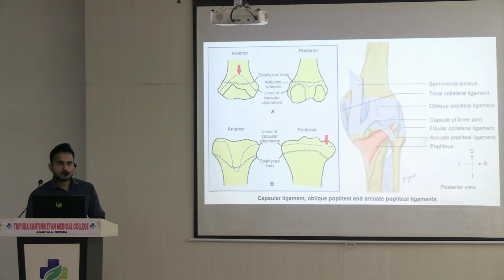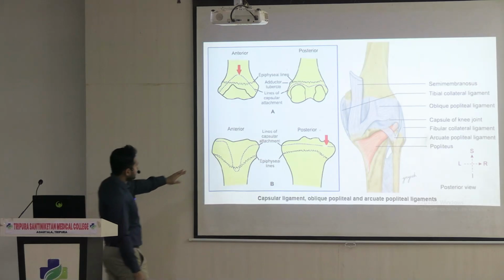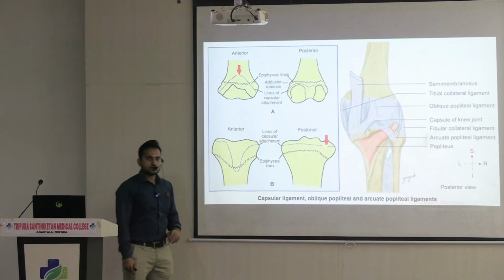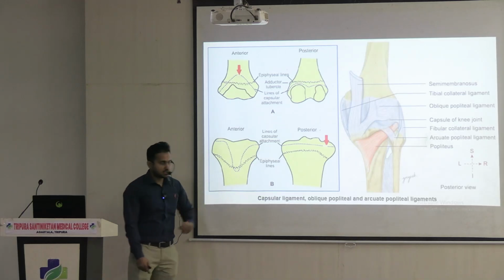Next, for the tibial attachment, same thing, you can see extending approximately 1.5 to 2 centimeter beyond the articular margin, and anteriorly if you see it is descending towards the tibial tuberosity where it is deficient.